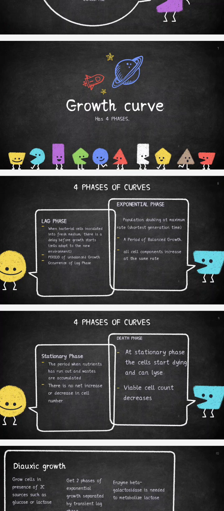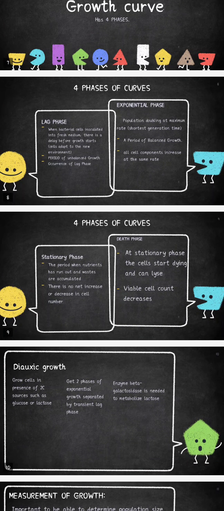However, there is a limit which is reached when nutrients run out and waste accumulates. So, kapag naubos na nila yung nutrients nila, that will be the time na mag-stop yung increase ng rate ng growth nila.